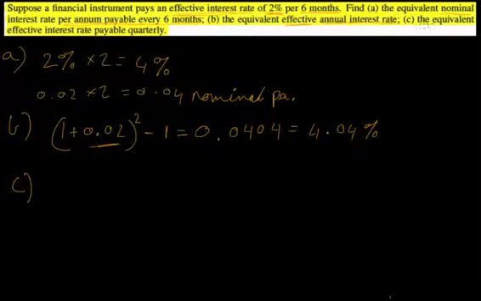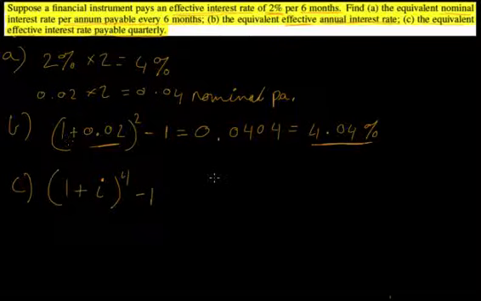The equivalent effective interest rate payable quarterly. So it wants to know, if we did this formula again and we put in some interest rate here, this is going to be our effective interest rate that's payable quarterly. So when we compound it 4 times, it should be the same as something else that'll give us our annual rate over here.